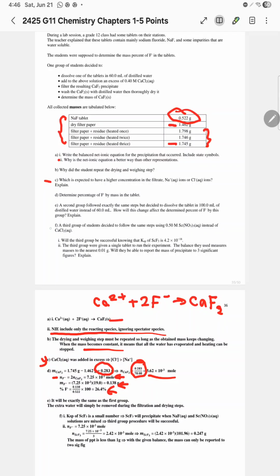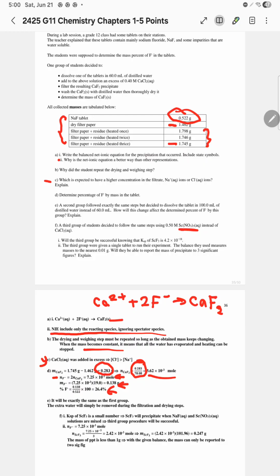Now, a third group decides to follow the same steps using a different compound. Will the third group be successful, knowing the Ksp? What's Ksp? Okay guys, so the Ksp is the solubility constant.